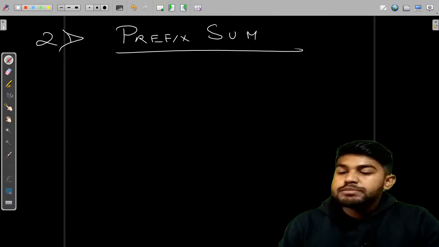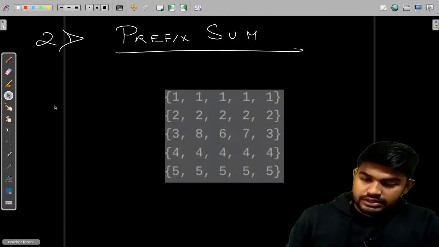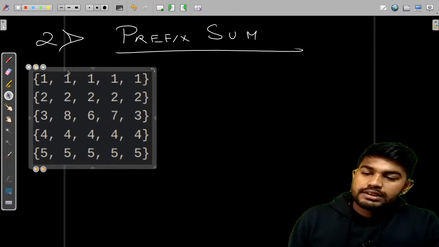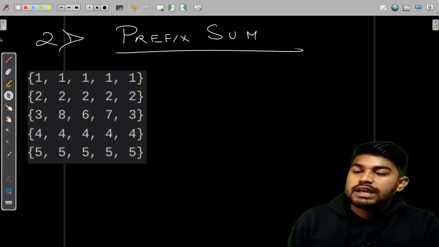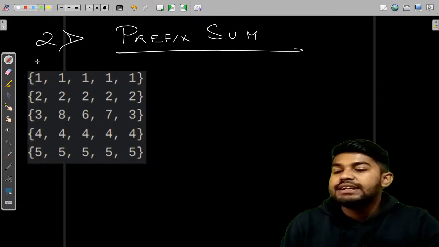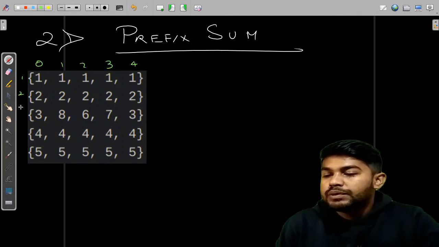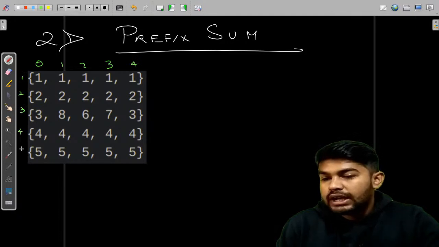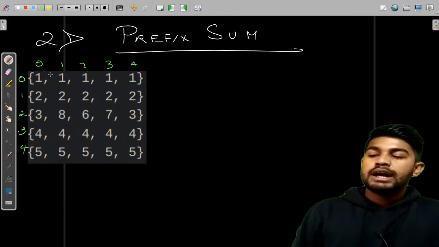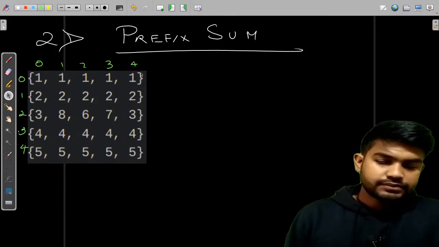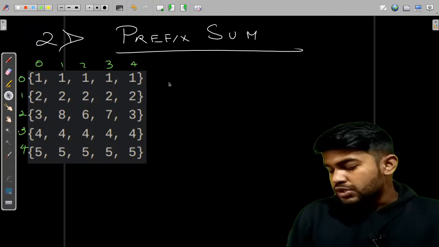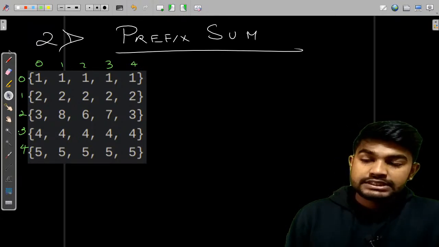Okay, so let me first paste the given sample test case. This is the given sample test case and these are the indices 0, 1, 2, 3 and 4. Sorry, this should also be 0 index. This is done. Now we would build, this is 5 cross 5, so we would take a matrix of 6 cross 6.